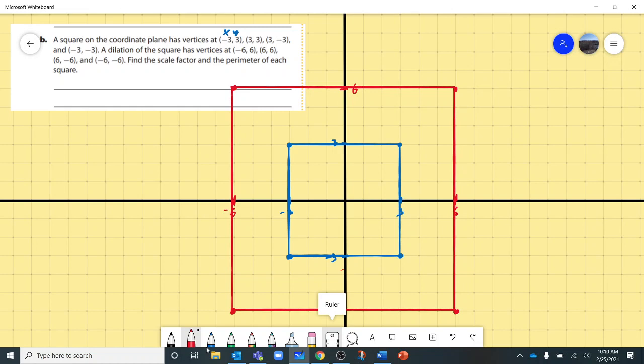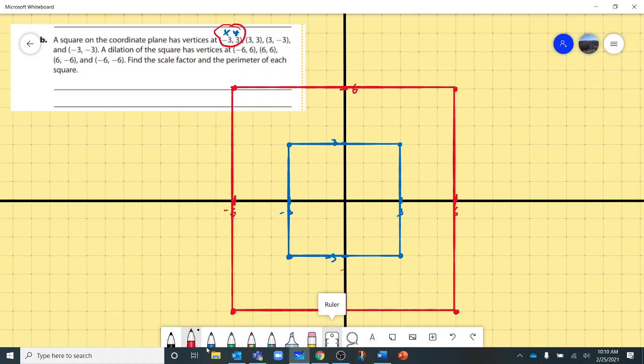Find the scale factor. If you noticed, just look at your first point. All squares and all circles are dilations of each other. You're not ever going to get one square that's not a dilation of another square, because they're squares. All the sides are always the same, and so whatever scale factor you use to get from one square to the other, from one point to the other, is going to apply to all of them.